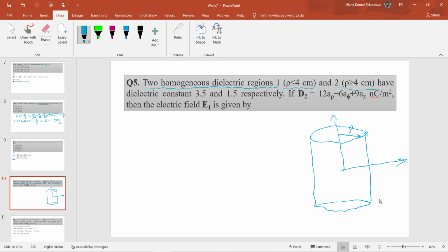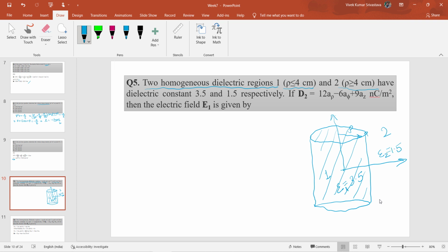When we are talking about rho less than or equal to 4 centimeter, this represents region 1, whereas rho greater than 4 centimeter represents region 2. The dielectric constant for region 1 is given as 3.5, whereas the dielectric constant for region 2 is 1.5.